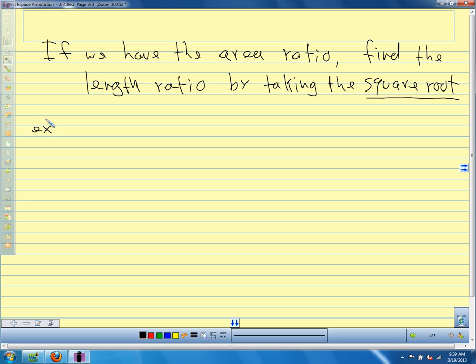So an example of that would be, we have the surface area ratio of two spheres is 144 over 169.